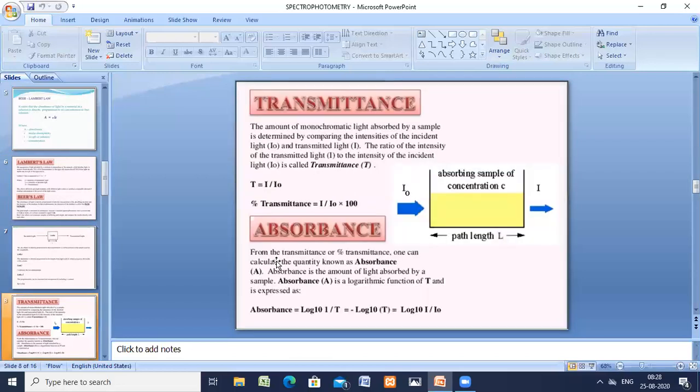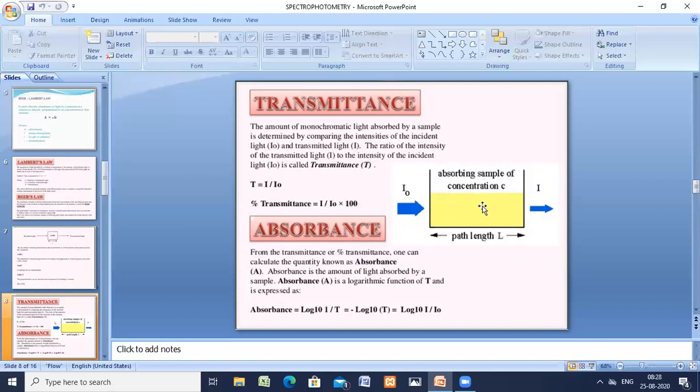Now what is transmittance? The amount of monochromatic light absorbed by a sample is determined by comparing the intensity of the incident light I0 and the transmitted light I. The ratio of the intensity of the transmitted light I to the intensity of the incident light I0 is called transmittance.